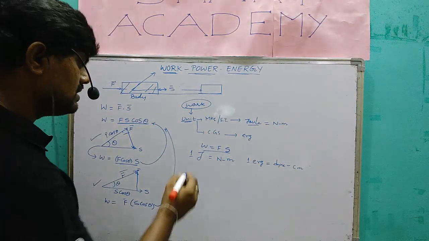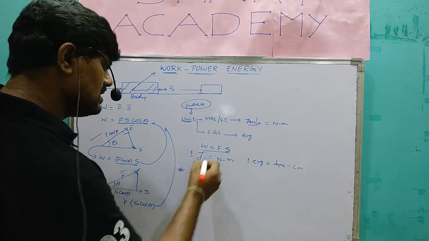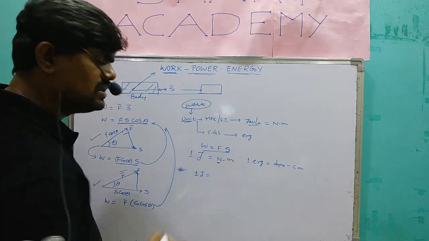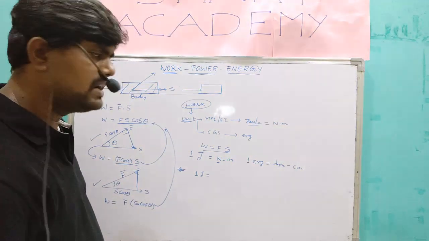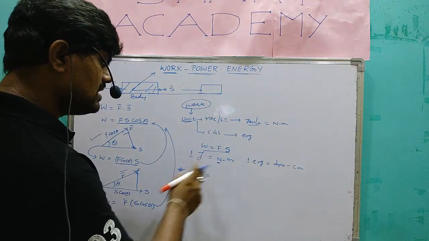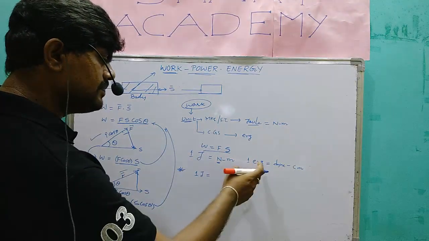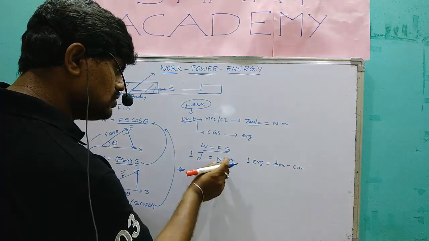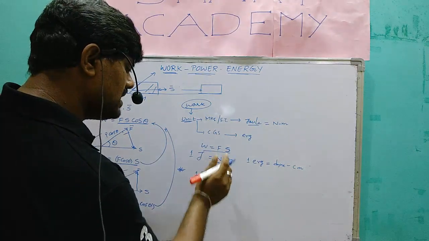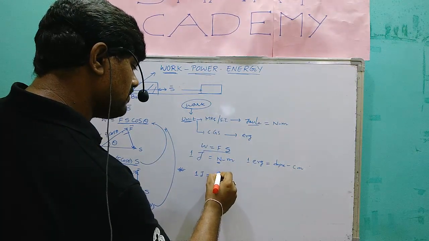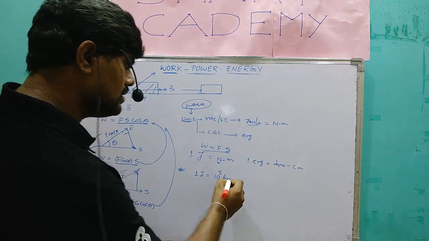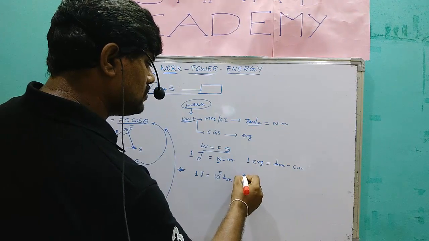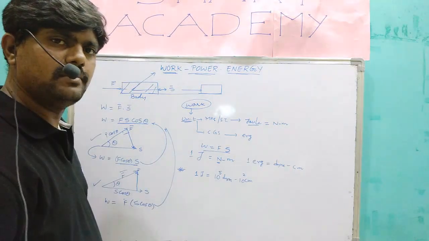Next, take another relation here. For 1 joule, we already know that 1 newton equals 10 power 5 dynes. So we deduce the relation between joule and erg. How many newtons equal how many dynes? That is 10 to the power of 5 dynes. And 1 meter equals 10 square centimeters, or 100 centimeters.